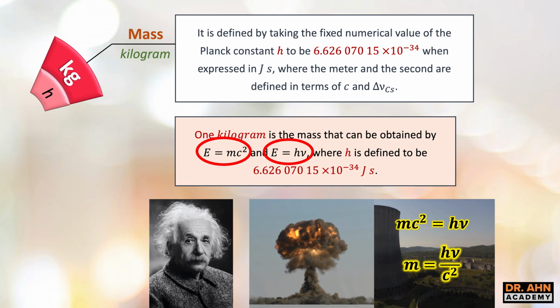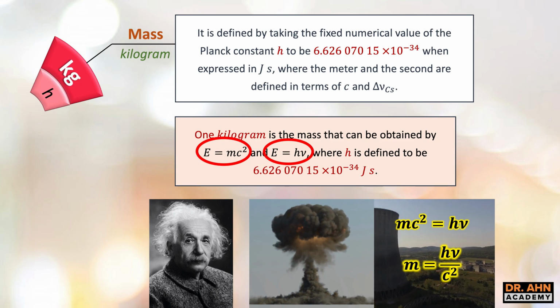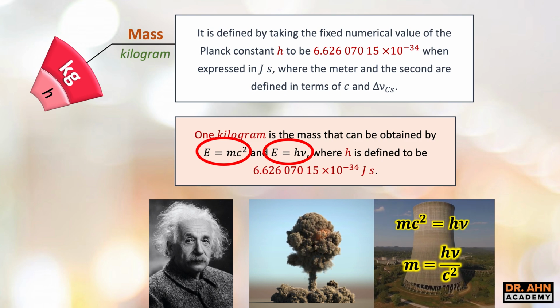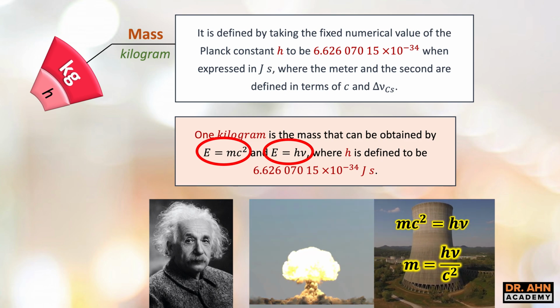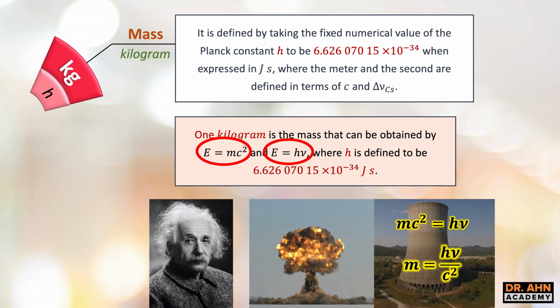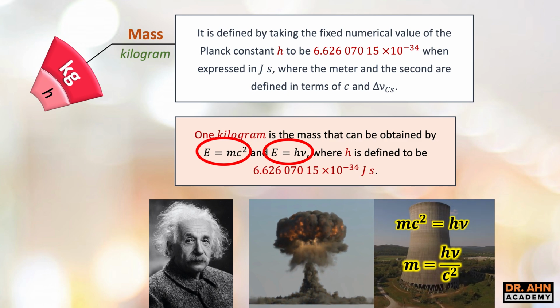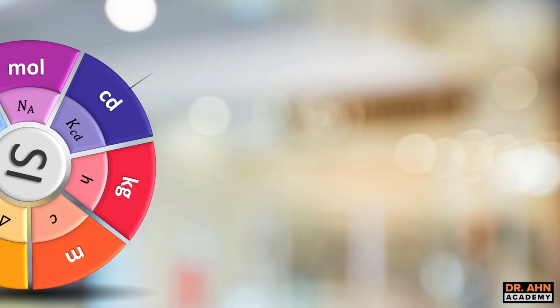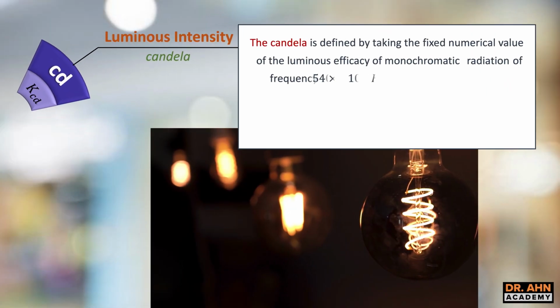I simplified this whole definition to the level that average physics students can understand, but if you want to understand the definition in the full scope, you will need to learn much more advanced physics, including Einstein's general theory of relativity. Let's move on to luminous intensity, or you can call it light intensity.